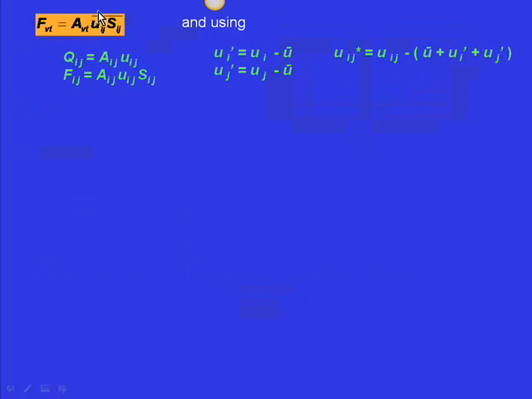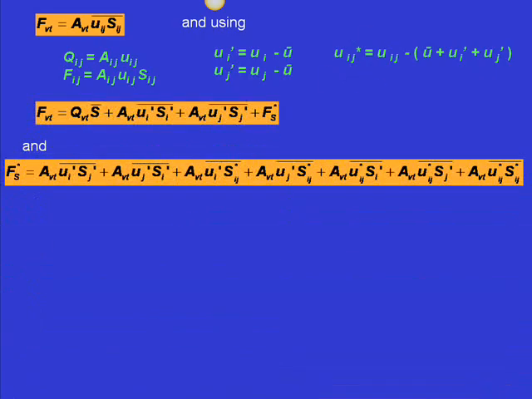So if we, instead of using Ui sub j and Si sub j, we use these representations where we have the water transport given by this and the salt transport given by that expression, and using the deviations and the interaction term, what we get is that the salt transport will be given by the water transport times the sectional mean of salinity.